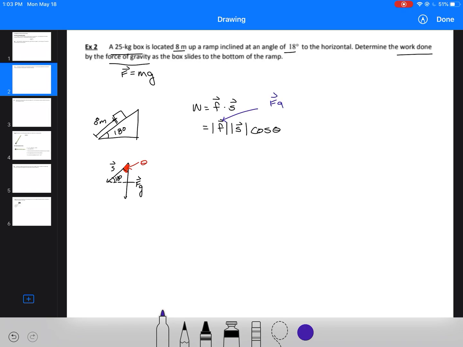I'm looking for the magnitude of the gravitational force, which we already know is the mass of the object times the acceleration due to gravity. So we have the mass in kilograms, and we're going to multiply by 9.8, which is g. This is the acceleration due to gravity.